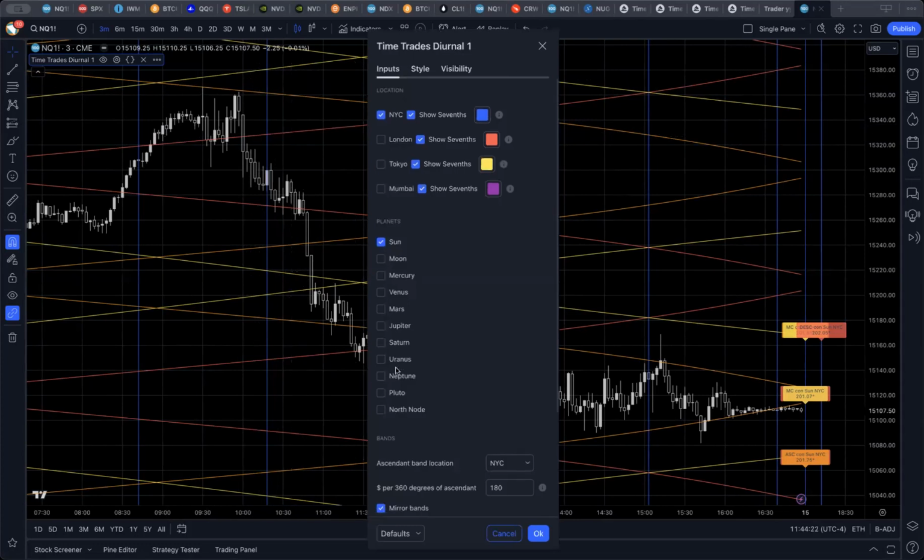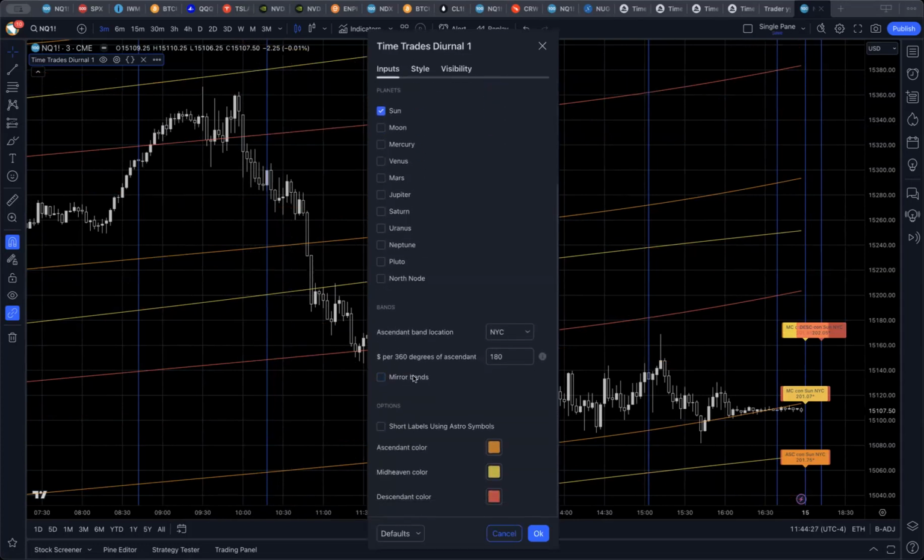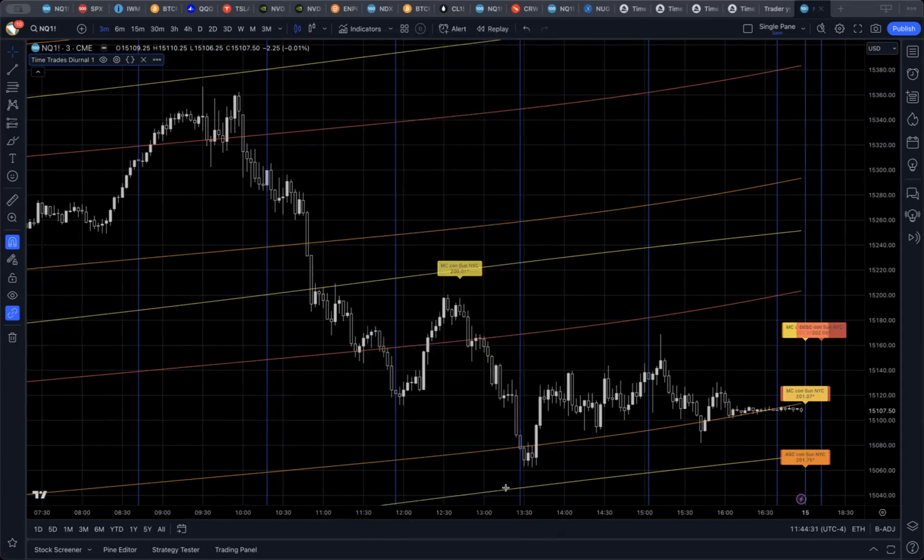So we've got the ability in this script here to turn on and off mirroring. So by default, mirroring is off, and we just see how these price levels move up at the rate of the Earth's rotation. Now, without mirroring, we kind of miss this top over here.